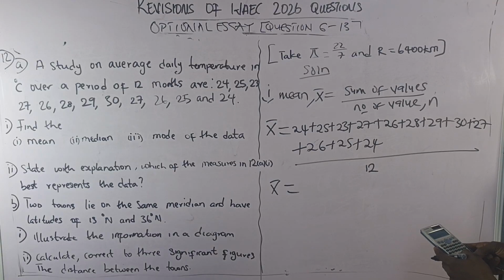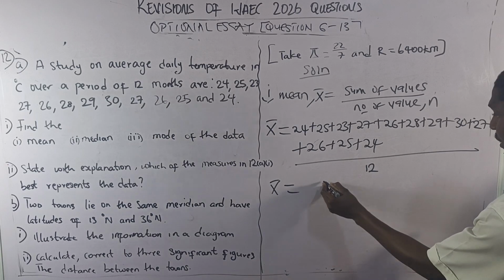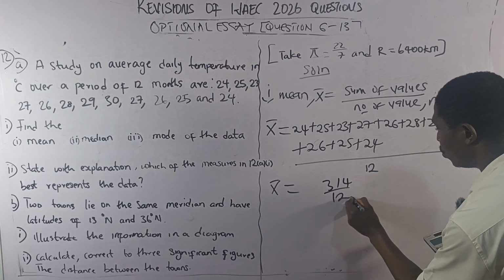So our x bar will be equal to 24 plus 25 plus 23 plus 27 plus 26 plus 28 plus 29 plus 30 plus 27 plus 26 plus 25 plus 24, giving 254 over 12.